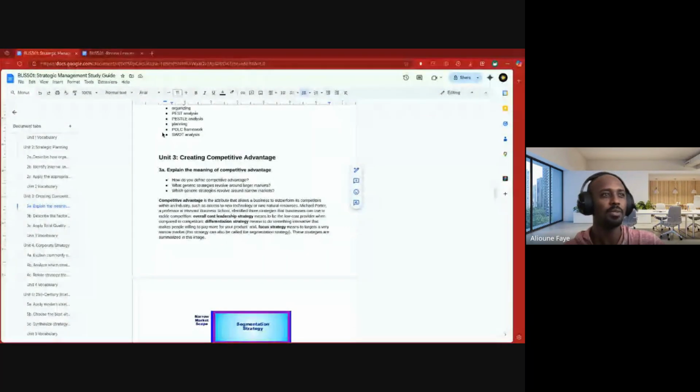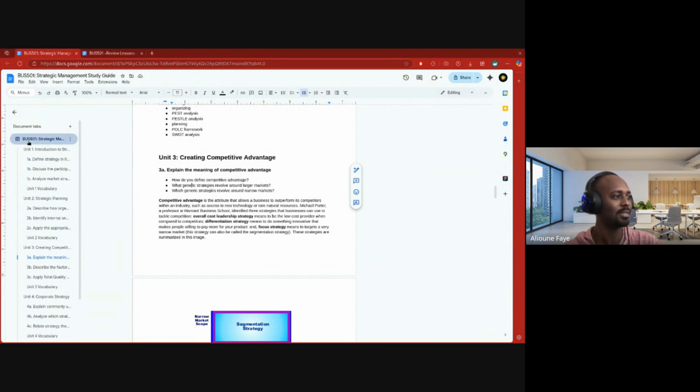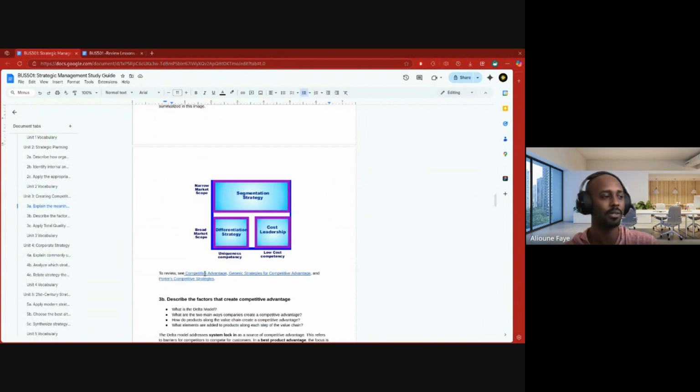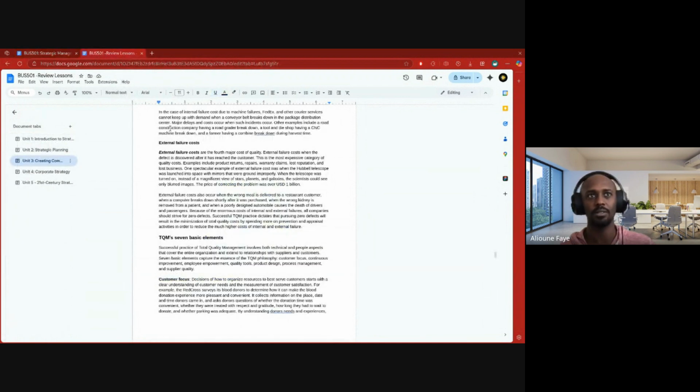I like to be organized in things, so maybe use this if you're the organized type, because if you're in engineering, you need a system or a method to go about doing things, right? I took all the lessons from Sailor Academy and put them on Google Docs, and I also added links to the additional readings. They link to the other review lessons, and all of that is in the Discord resources file, so you can find it there.